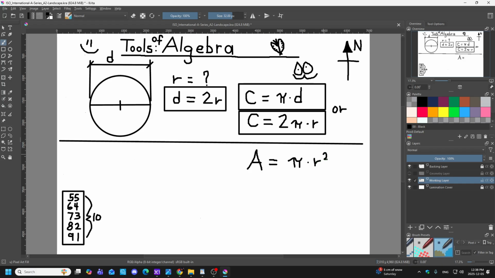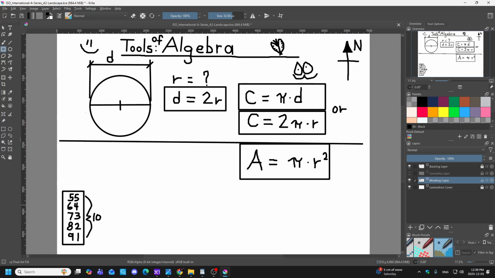So r squared essentially means r times r. Okay? It's the same thing, all right?